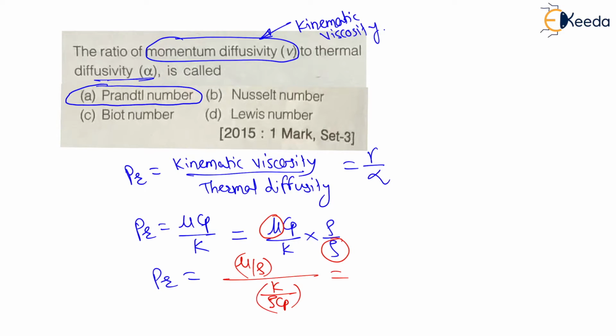And my dear students, here mu divided by rho, that is dynamic viscosity divided by mass density, is nothing but kinematic viscosity, right? And here thermal conductivity divided by heat capacity, K divided by rho Cp, is nothing but thermal diffusivity alpha. Therefore, the ratio of momentum diffusivity and thermal diffusivity is Prandtl number. That is option A is the correct choice.